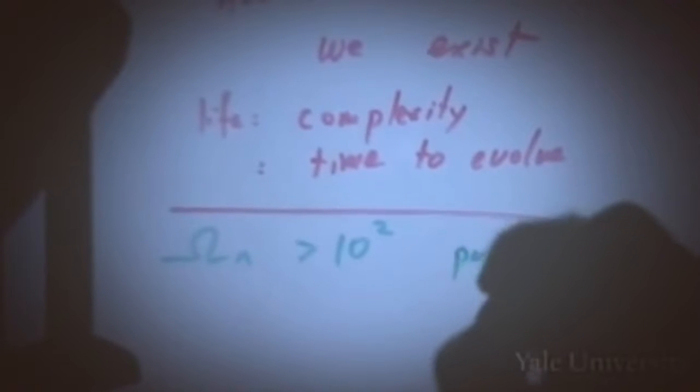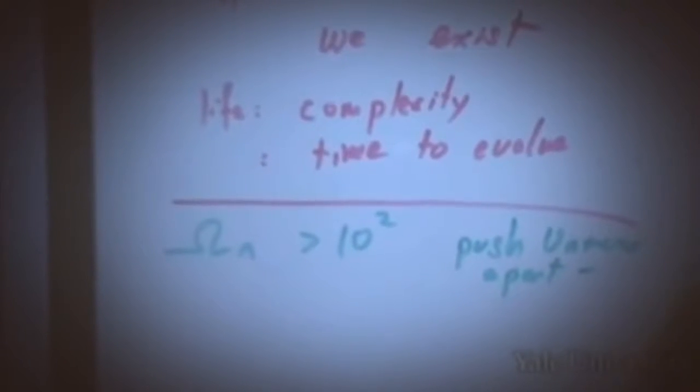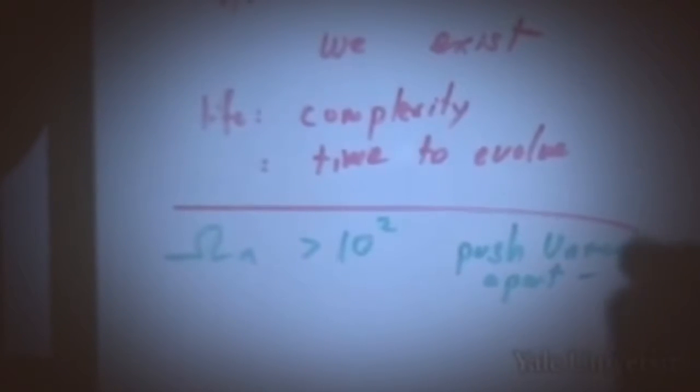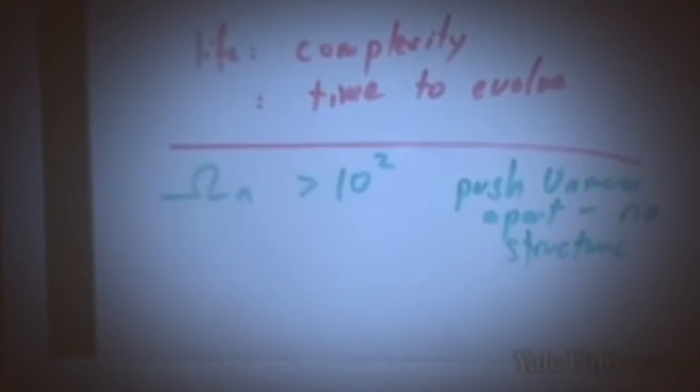You just push the universe apart really fast, and you never get galaxies or stars or anything like that because there's too much dark energy to let them congeal. So push universe apart, no structure. That would be a universe that's very unlikely to have any kind of complexity and any kind of life because you just take all these individual particles and push them far away from each other.